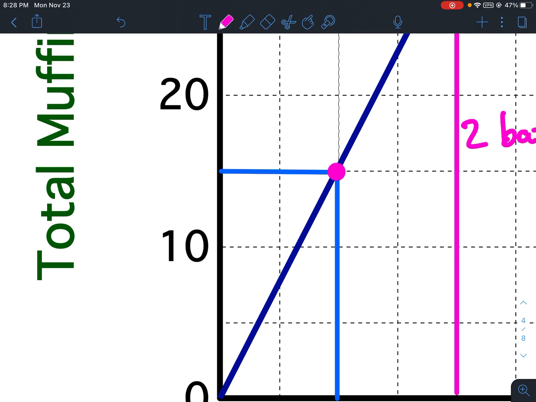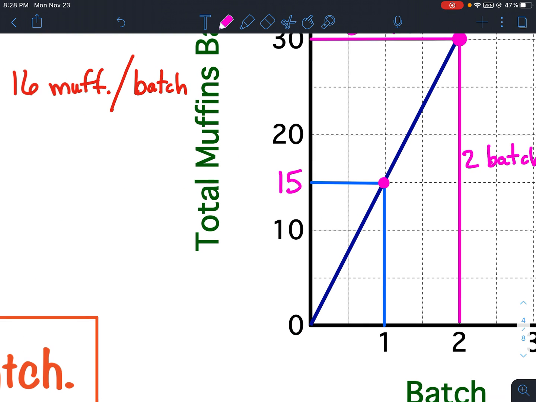Between 10 and 20 would be 15. If you look for 1 on the x-axis, then you don't have to do any work. Because remember, unit rate is per 1 unit. So if you have 1 on the x-axis and you draw a line up and it intersects the graph at a point where you can easily determine the y point, then you don't have to do any work.